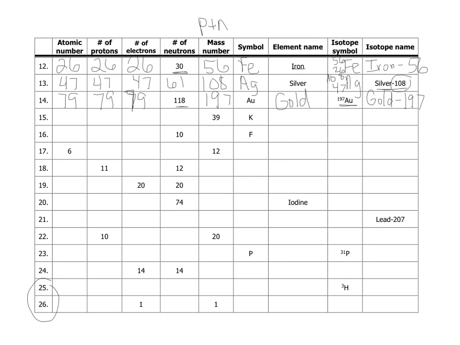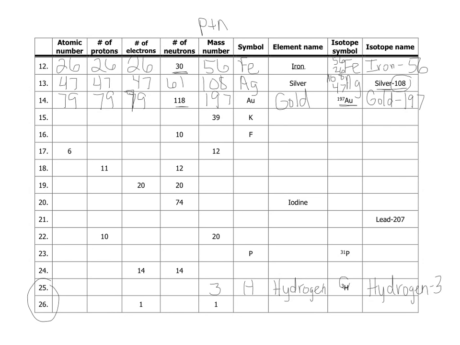We've got H. H, of course, is hydrogen. We can also write hydrogen dash 3. Symbol is H. This 3 is our mass number, so we'll put that right here.